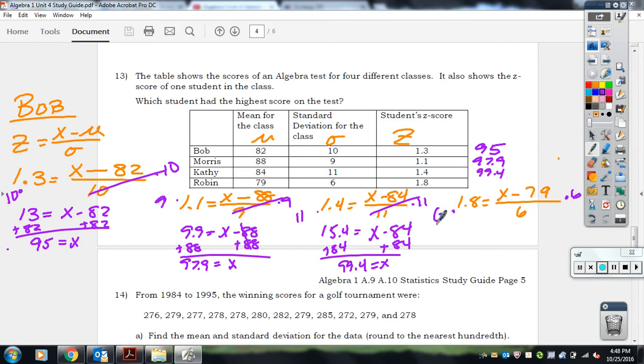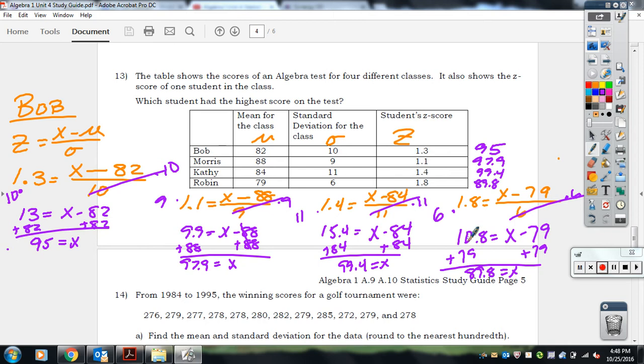Times 6 on both sides, x minus 79 equals 10.8. Plus 79 on both sides, and we get 89.8 equals x.